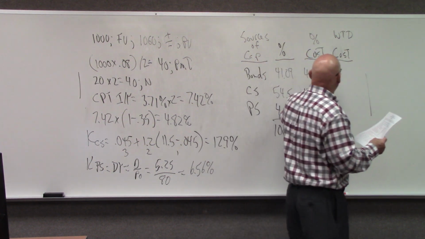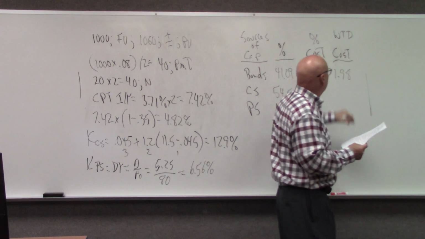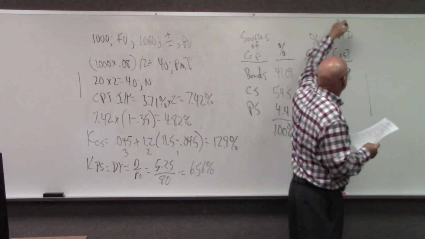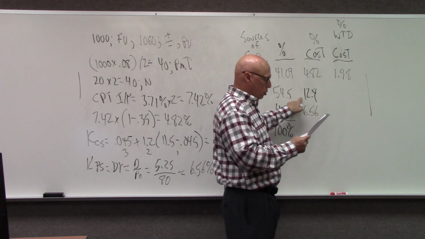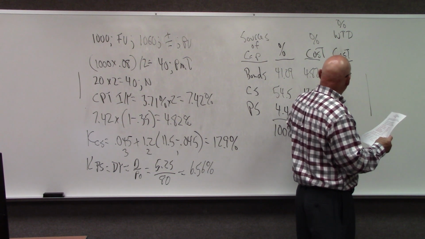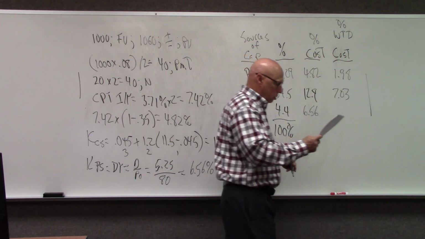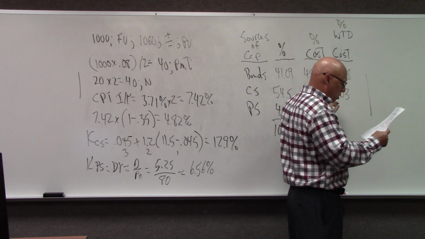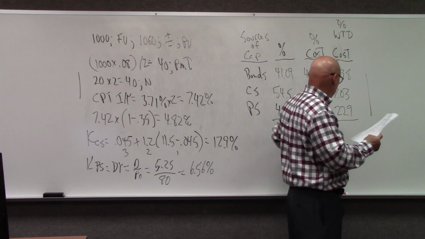And we get 1.98%. And our percentage times our cost is 7.03%. And our percentage times our cost is 0.229%.